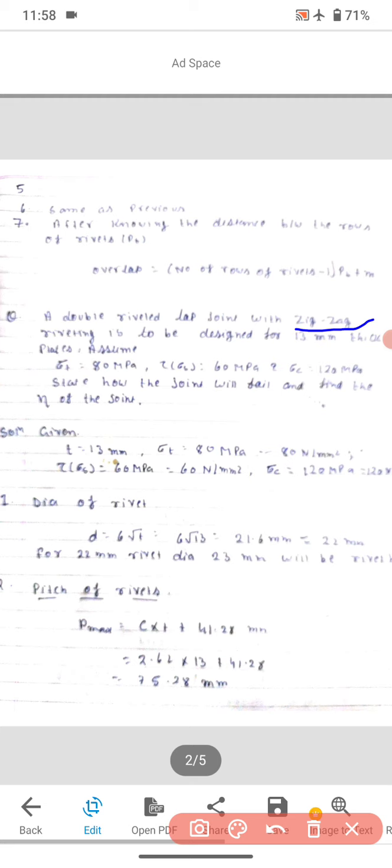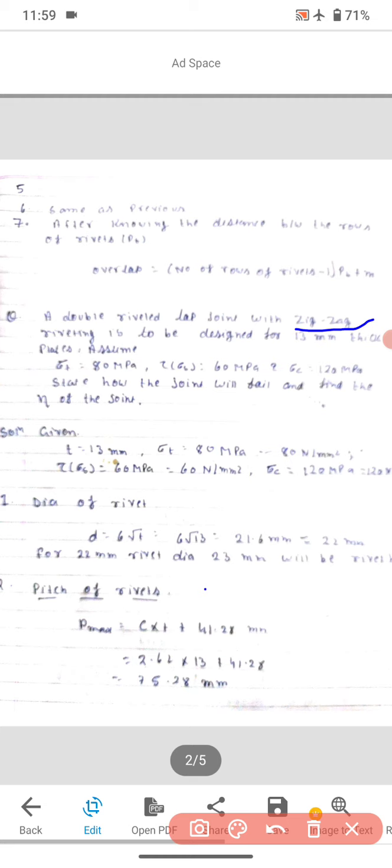That means you are not going to find out any thickness, that is t equals P multiplied by D upon 2 sigma t into eta l, plus 1 for corrosion allowance. You are not going to find it because it is already given in your question, that is thickness will be 13 mm. Assume sigma t is equal to 80 MPa, that is the tensile stress value, shear stress value tau is equal to 60 MPa, and sigma c is 120 MPa, that is the crushing stress value.